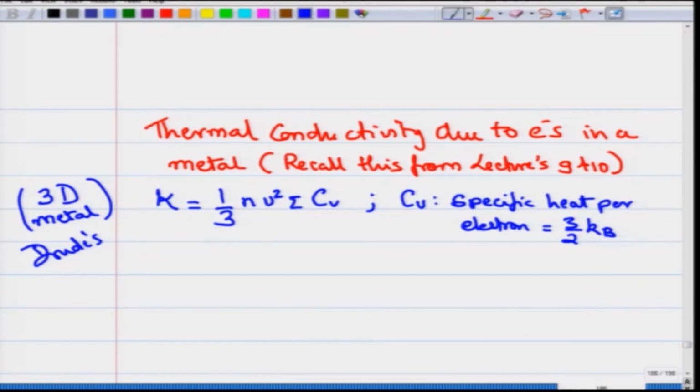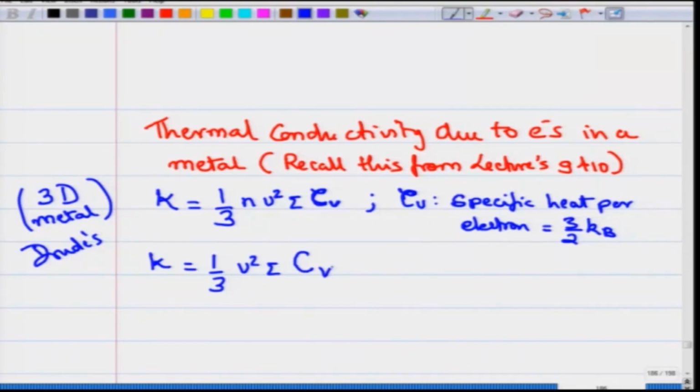You can also rewrite this expression in a slightly different way. Kappa can be written as 1 by 3 v square tau times another C v. Just for preventing any confusion, let me write the above one which we had derived in lecture 10 as curly C v. This curly C v was specific heat of electron equal to 3 by 2 kB. Okay.